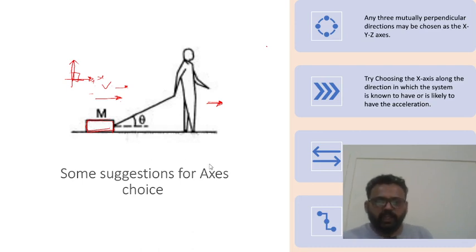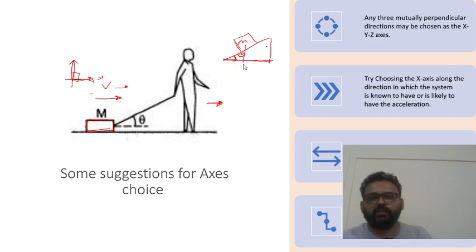Now in the case of an inclined plane, there might be a problem of masses on an inclined plane, right? So imagine this mass on a plane which makes an angle of theta with the ground. What about the forces acting on it? There is a gravitational force vertically downward, mg. There is a normal force acting perpendicular to the surface, right?